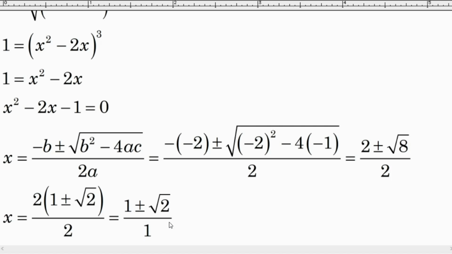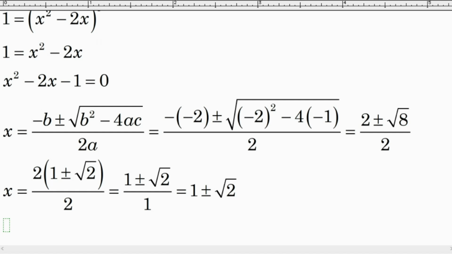So x = 1 ± √2. That is the root of the equation. Therefore, x = 1 ± √2 is the root of the equation.